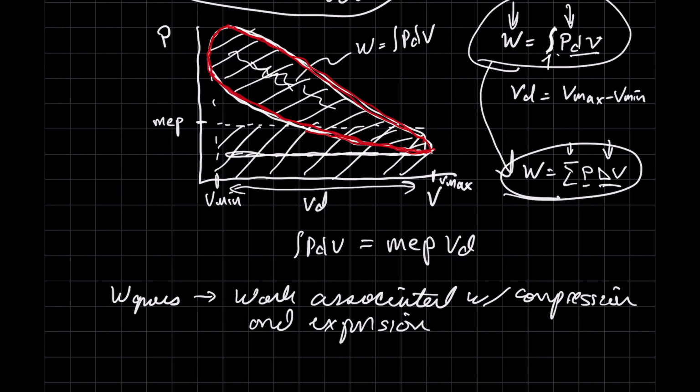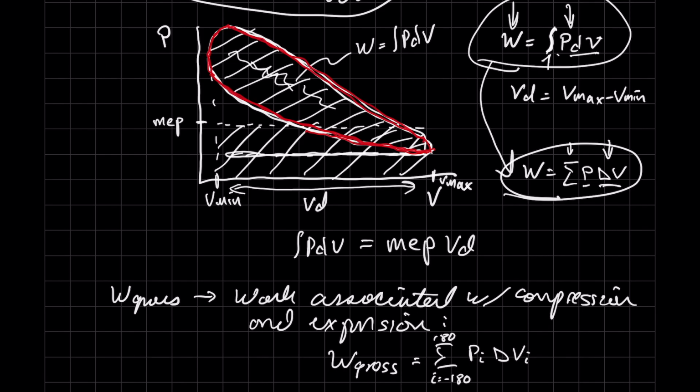So to calculate the gross work, it's going to be the sum from i equals negative 180 to positive 180 of the pressure at that moment times the change in volume at that iteration.